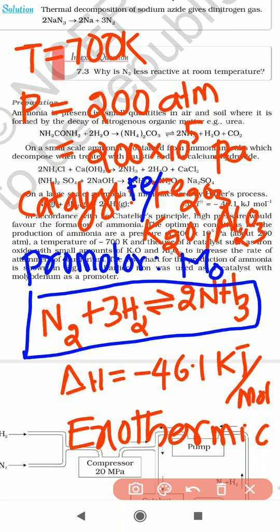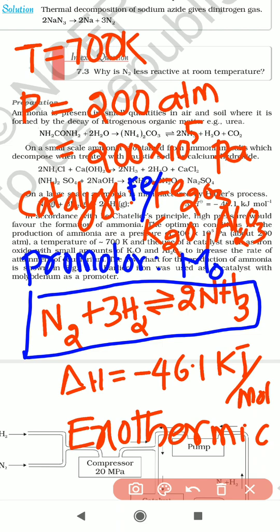So why are you adding these two oxides? They increase the attainment of equilibrium. That means reactants and products attain the equilibrium state very fast. For that purpose we add smaller quantities of aluminum oxide and potassium oxide.